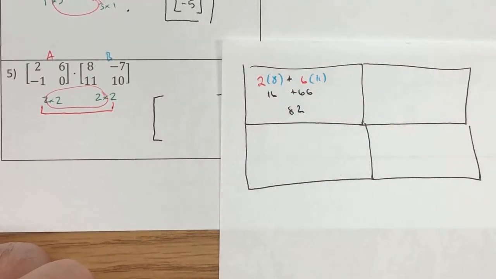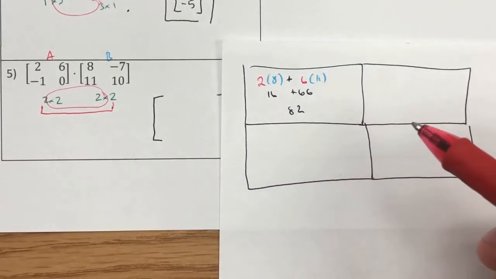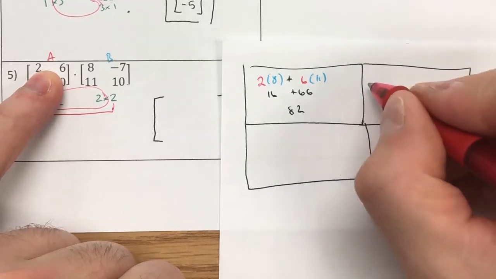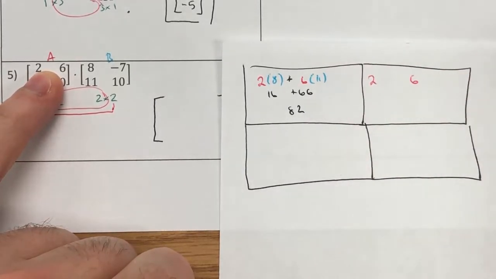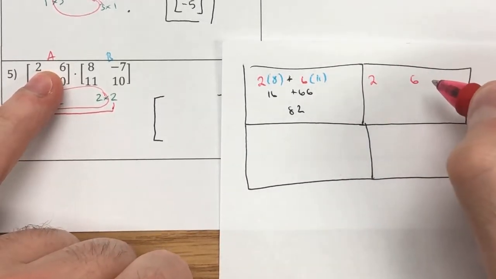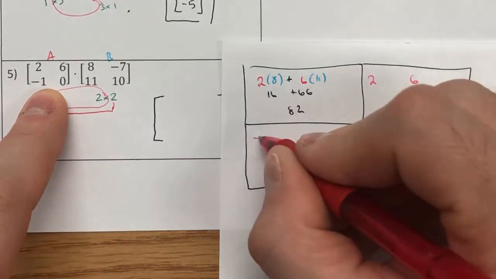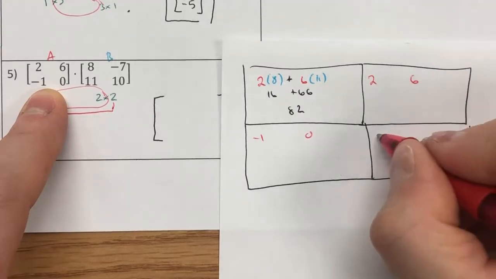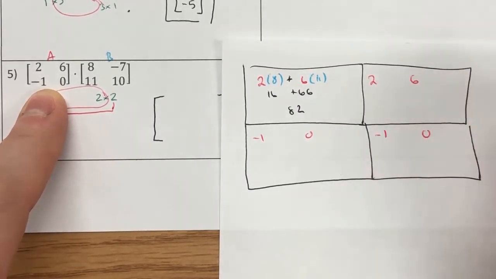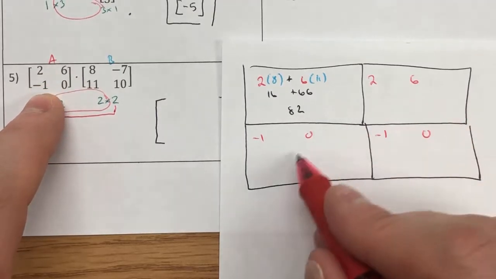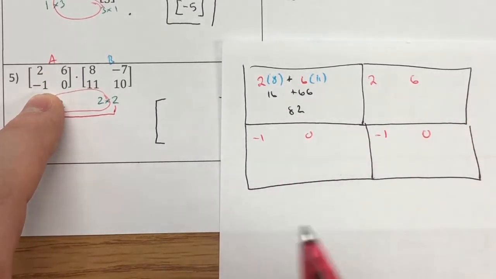Now the other thing that you'll notice where we can kind of flesh out most of this real quickly is I can take my first row and put it over here as well. So I'll have a 2 and a 6 for this entry. For the bottom entry, I'm going to be multiplying the negative 1 and the 0 across this entire row. So the 2 and the 6 on this row, the negative 1 and the 0 on this row.